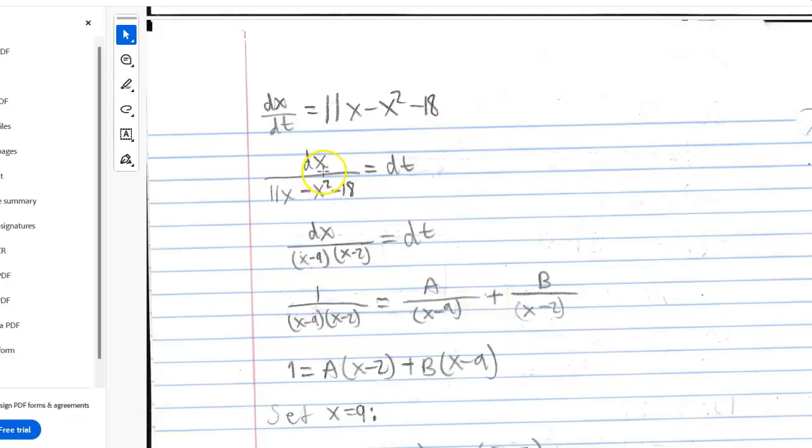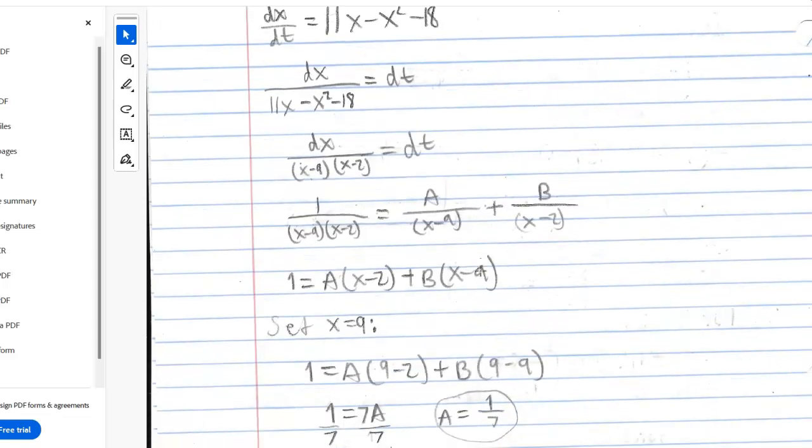By doing so, we get dx over 11x minus x squared minus 18 equal to dt. Then we put the denominator into factored form, and then we use partial fraction decomposition to help with further understanding of the equation.